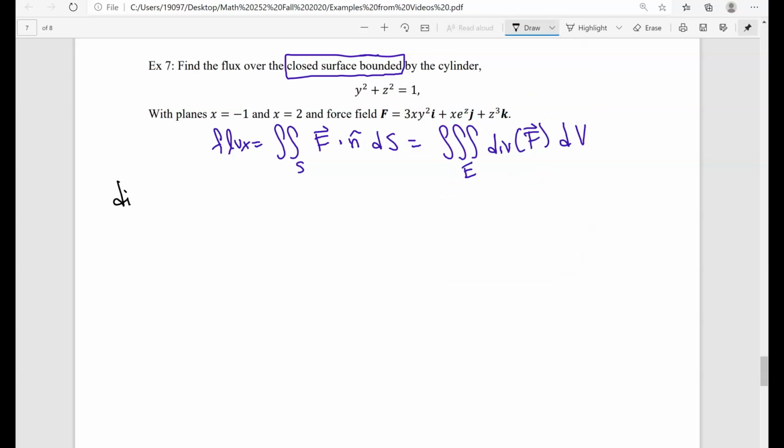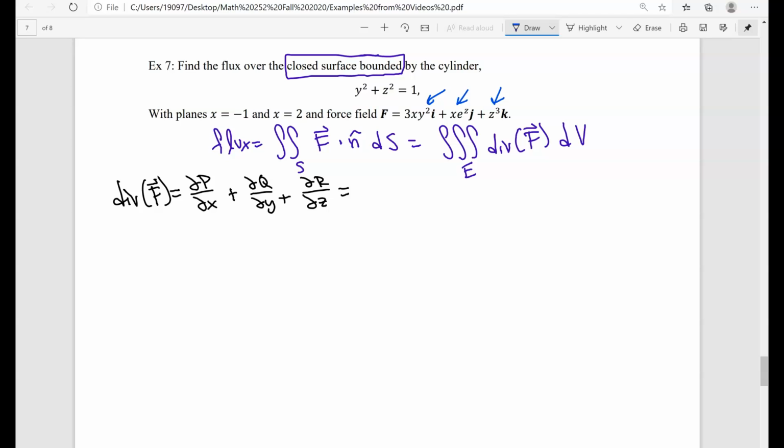The divergence of F will just be the partial P over the partial x plus the partial Q over the partial y plus the partial R over the partial z. So we've got all these partial derivatives. Looking at my force field, you can see what each partial derivative will be.